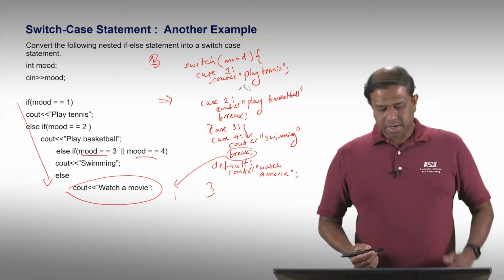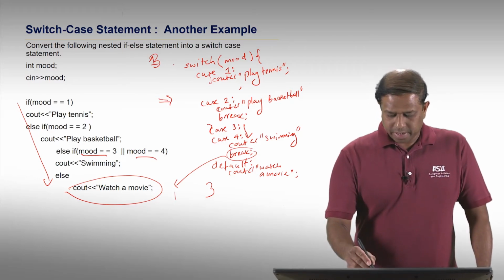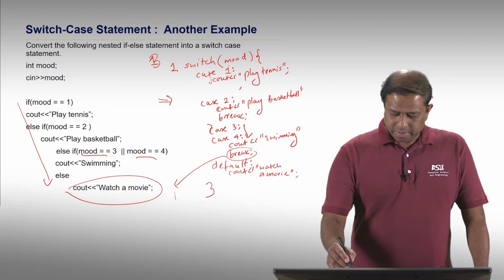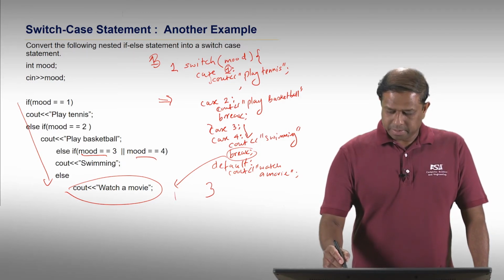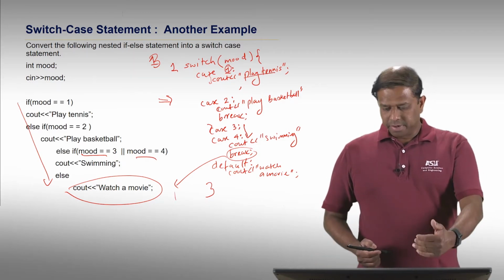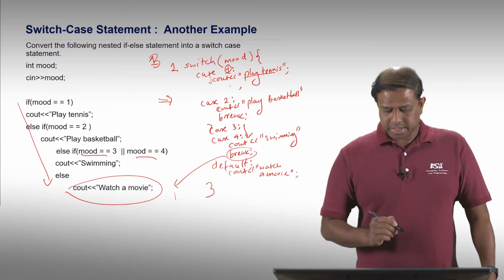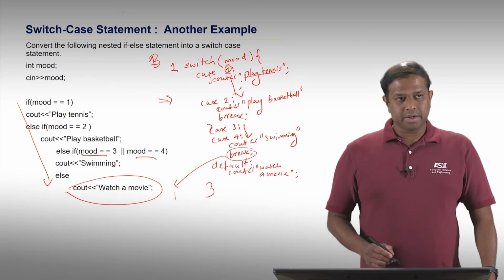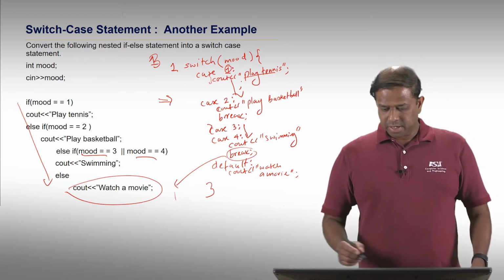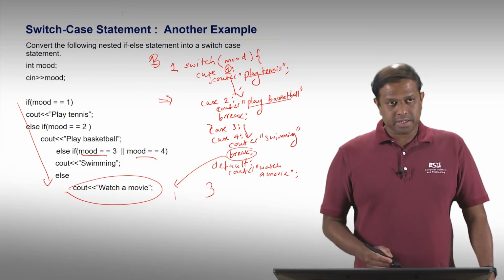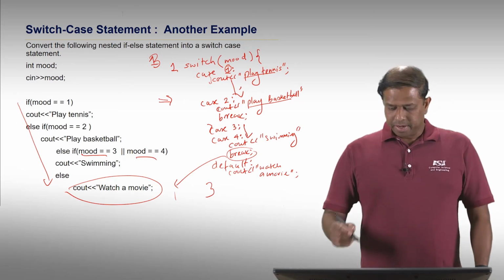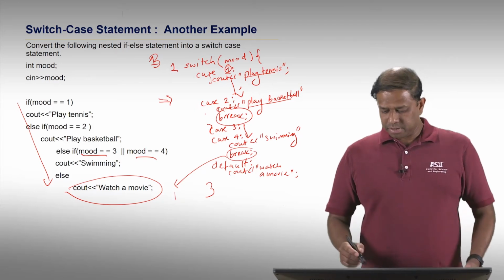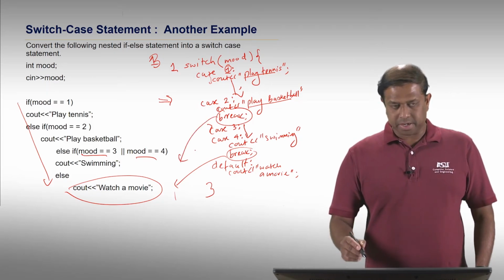If case 1 does not have the break statement, and if the input is 1, in that case we will be going into case 1 and then displaying the message play tennis. After doing that, we don't see the break statement. Since there is no break statement here, we'll automatically go to case 2 as well, right? And then we are going to display the message play basketball. Now after displaying the message, the next statement that we see is a break statement. So with that, we get out from it, all right?